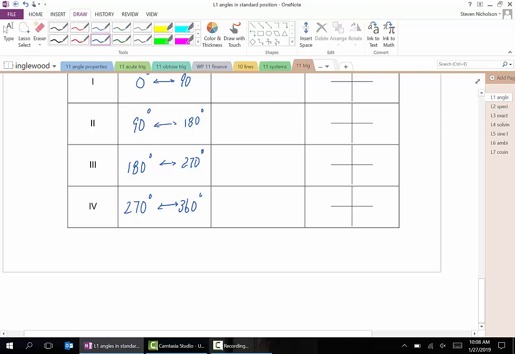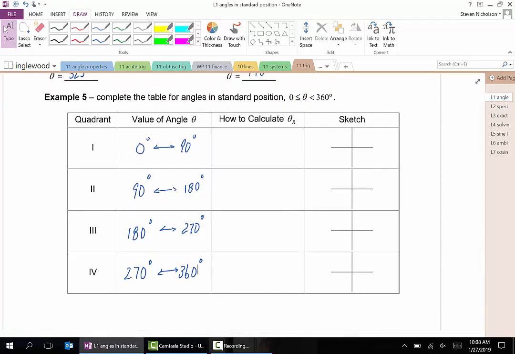So this is what we've been looking at. So here's a picture. If my angle in standard position is in quadrant 1, that's going to be theta, but it's also theta r.